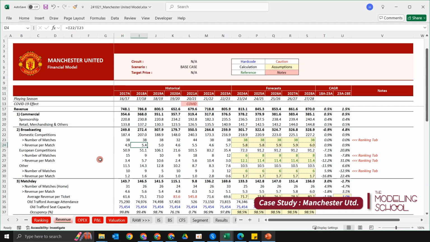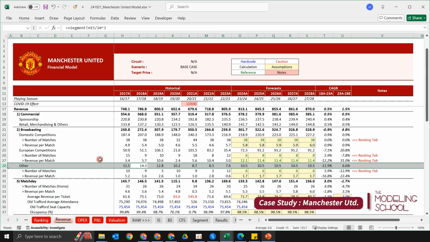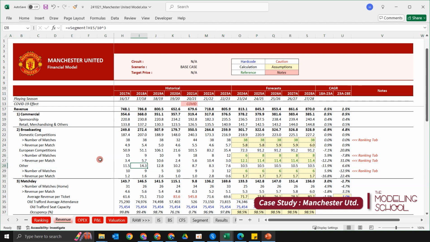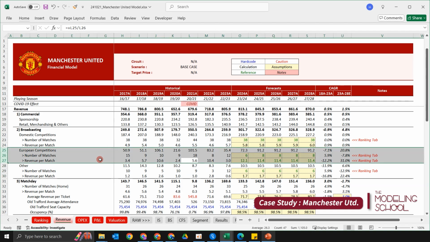So we have to make very good assumptions on the rankings in the domestic competition. And then we also have other competitions such as the FA Cup or some type of sponsor cups. But as you can see, their revenue per match is not that big. So in terms of total revenue as well, it's not nearly as important. So our key focus would be the European competitions.